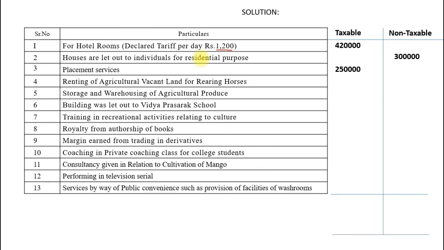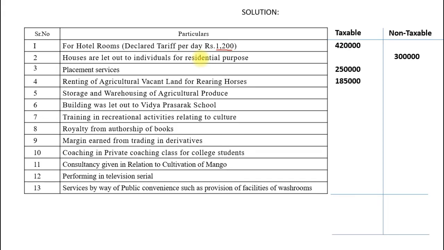Renting of agricultural vacant land for horse rearing. Remember, animal husbandry and agriculture are all exempted except horse rearing, because horse rearing is considered a very luxurious activity. Anything luxurious is taxable, so the entire amount is taxable.